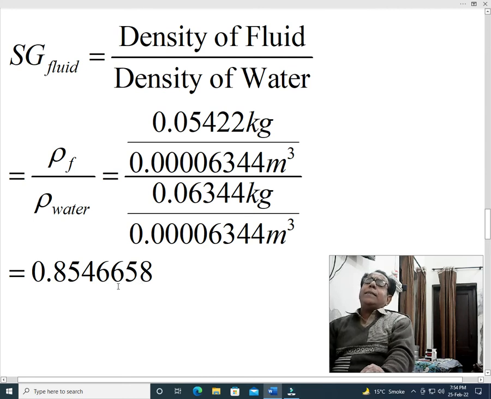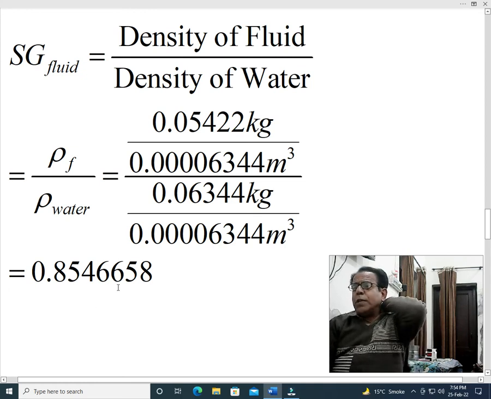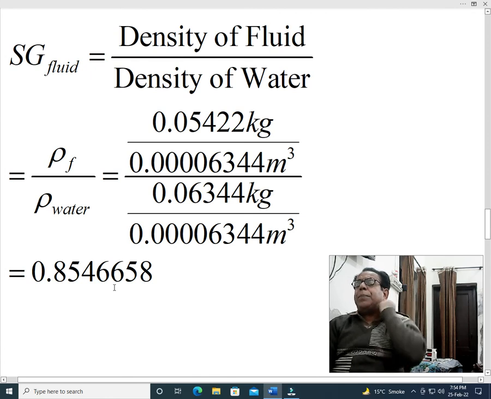It is our discretion that we can restrict it to 2 decimal places, in which case it will become 0.85. However, this longer figure is also quite acceptable.